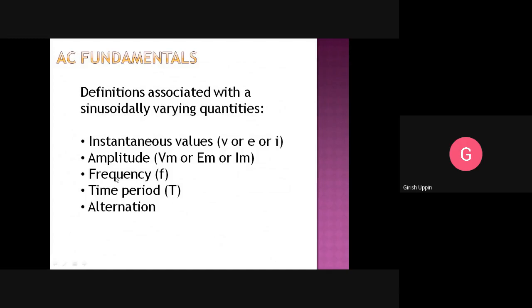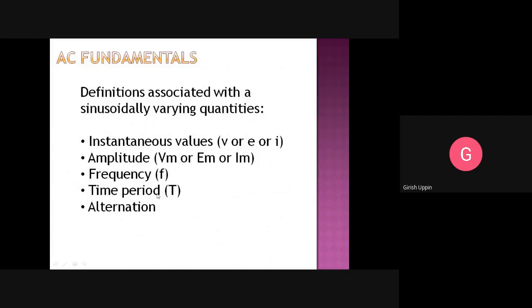Frequency is measured in a unit of hertz or cycles per second. The instantaneous values v and e are measured in volts, i in ampere, amplitudes Vm and Em are represented in volts, and Im in ampere.